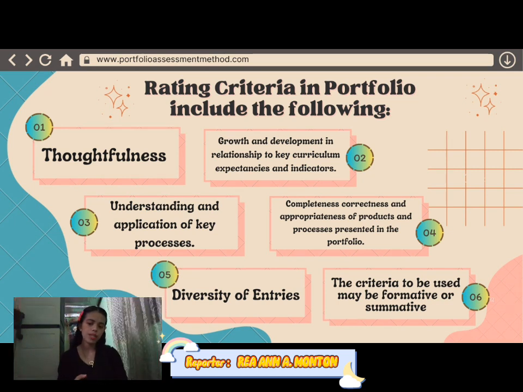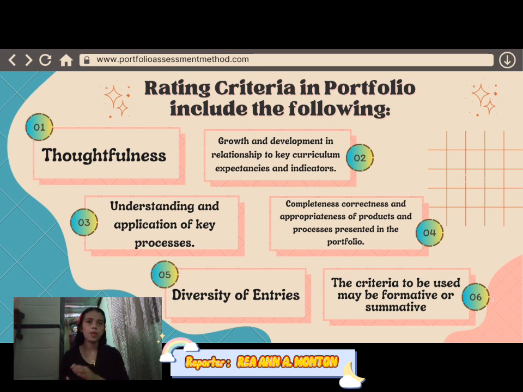Appropriateness. So appropriateness in this criteria, it talks about how clean or organized your portfolio. Like diba, how organized your portfolio, how clean, how the designs are exactly suited in your portfolio. Like dili siya nagdaghan na lang og design ba nga natukuban na ang mga important things nga dapat makita sa teacher.